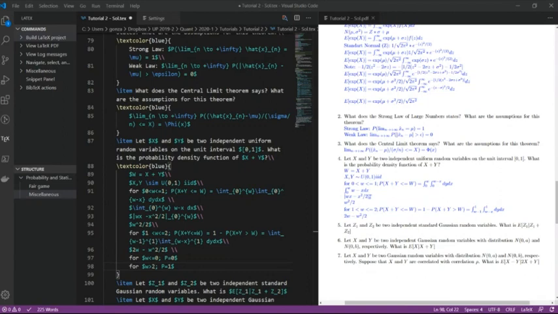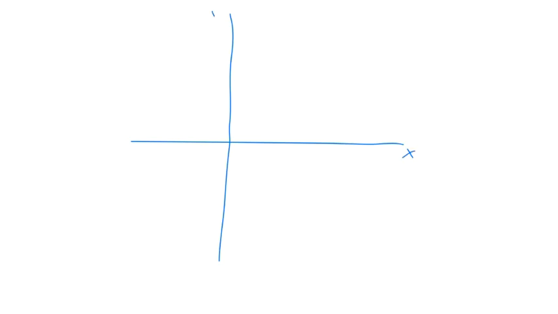let's see if I can actually draw this. You have X and you have Y. And you know that all of them are capped on this section.